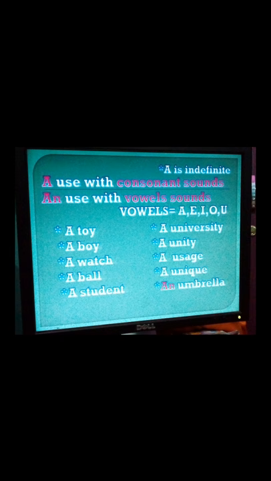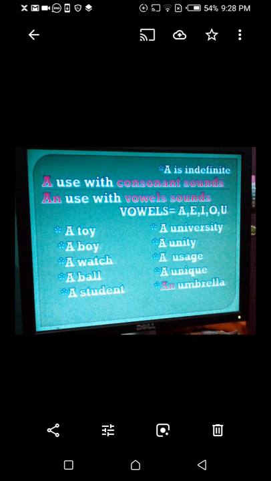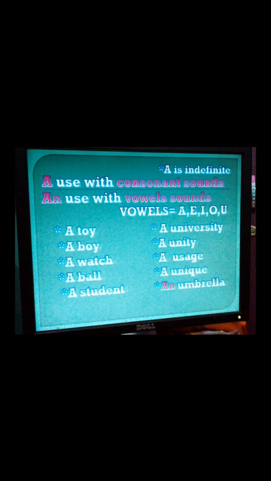A is used with consonant sounds, an is used with vowel sounds. A is indefinite, the was definite. A toy, a boy, a watch, a ball, a student, a university, a unity, a usage, a unique, an umbrella.